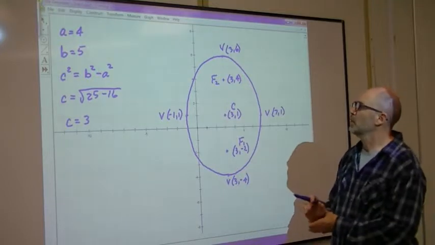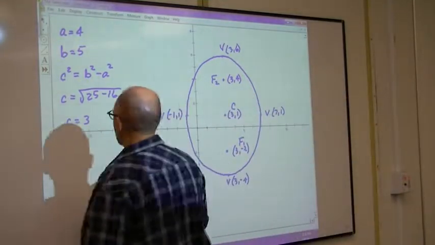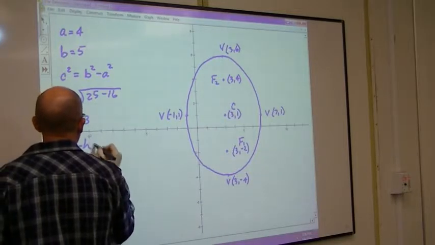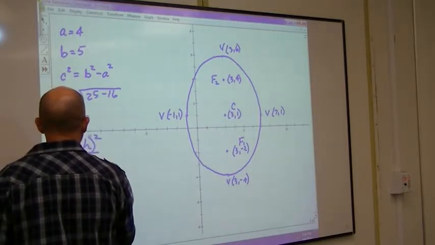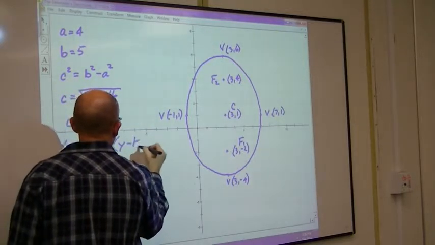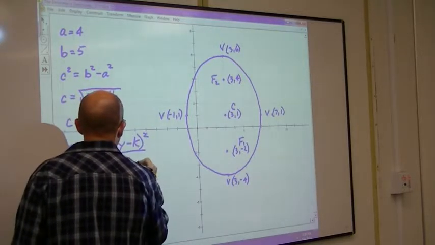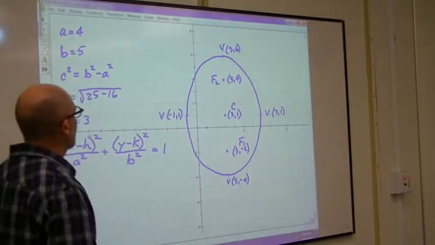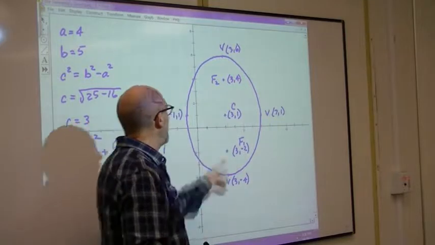So what we do is (x minus h) squared over a squared plus (y minus k) squared over b squared equals 1. The center is (3, 1).